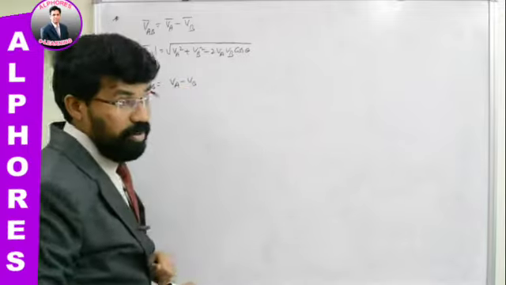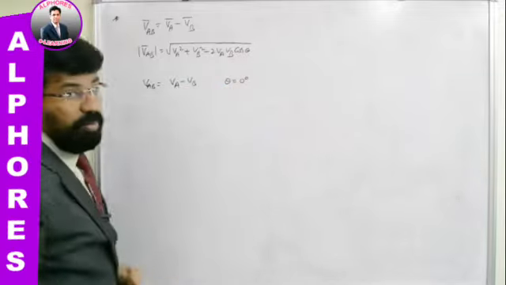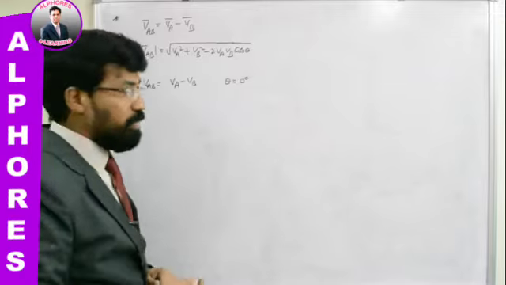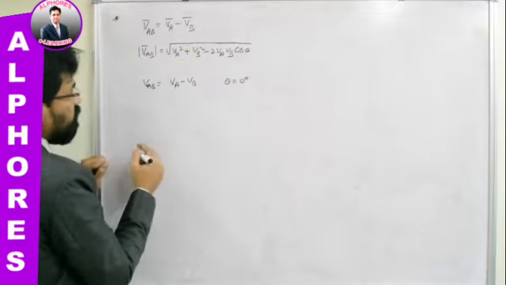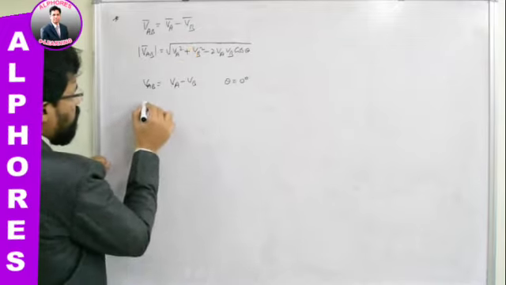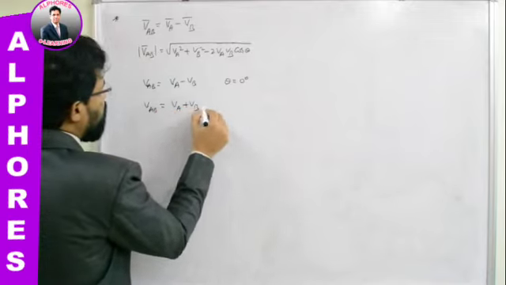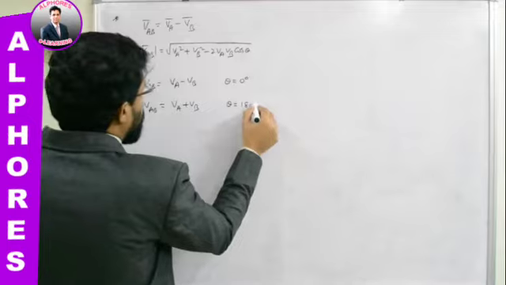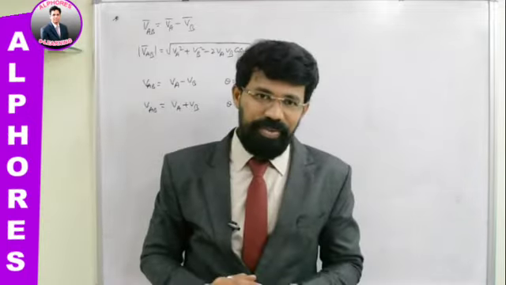If both are traveling in opposite directions, theta is 180 degrees. Cos 180 is minus 1, and minus into minus is plus 1. So the magnitude of relative velocity of A with respect to B will be VA plus VB when theta is 180 degrees. This is the conclusion we drew yesterday.